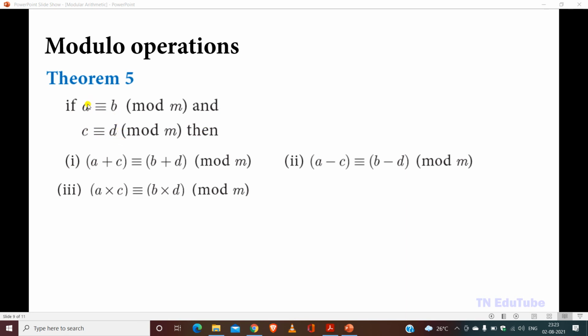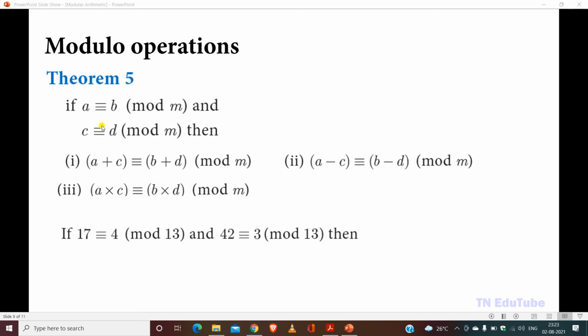So a plus c is congruent to b plus d mod m. Also we can subtract: a minus c is congruent to b minus d mod m. And also we can multiply: a into c is congruent to b into d mod m. So such a result we can apply for doing problems.